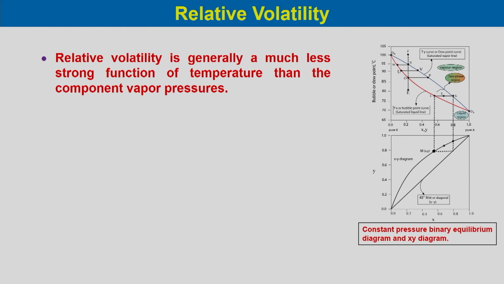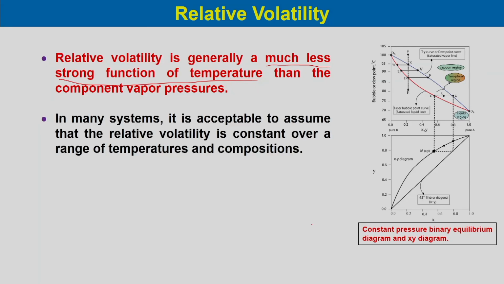Relative volatility is generally a much weaker function of temperature than the component vapor pressure. So, in many systems it is acceptable to assume that the relative volatility is constant over a range of temperature and composition.